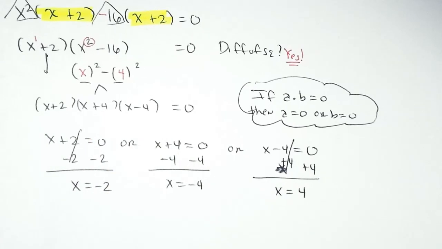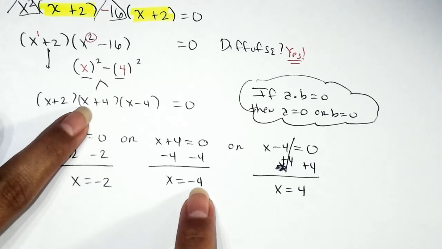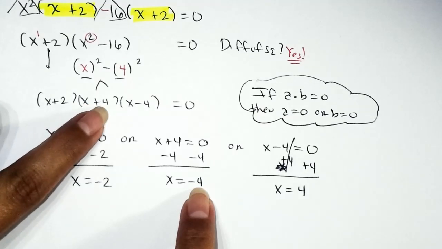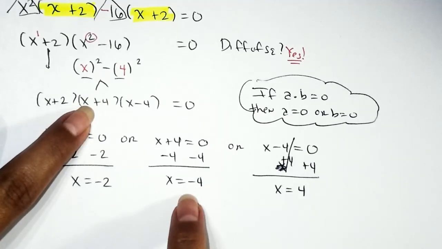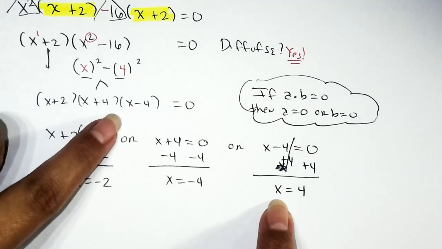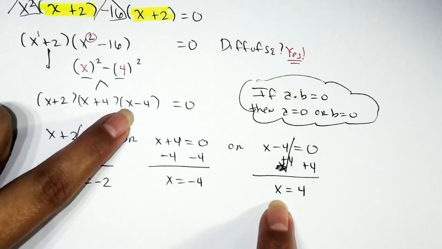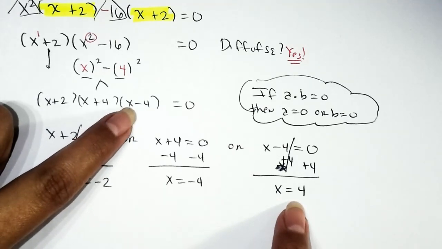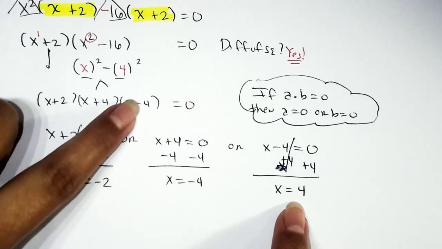When x equals -4, -4 plus 4 is 0. So the factor is 0, not necessarily the solution is 0. When x equals +4, pretend I substituted a 4 everywhere, but I want to pay special attention to the third factor. When x equals 4, 4 minus 4 is 0, so the factor is 0.